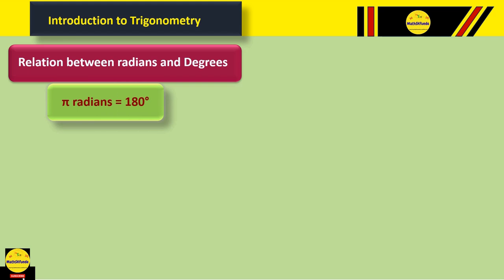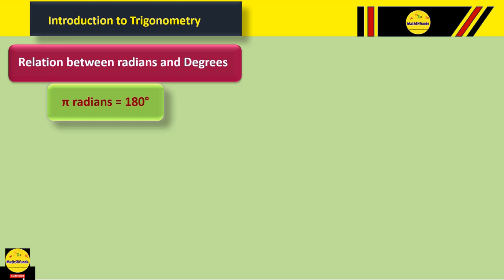Pi radians equal to 180 degrees. You can remember this as a formula. You can learn it by heart. Pi radians equal to 180 degrees. This formula will help you in converting radians to degrees or degrees to radians. Now, from where it has come, let us not get there. This formula is important. Pi radians equal to 180 degrees.